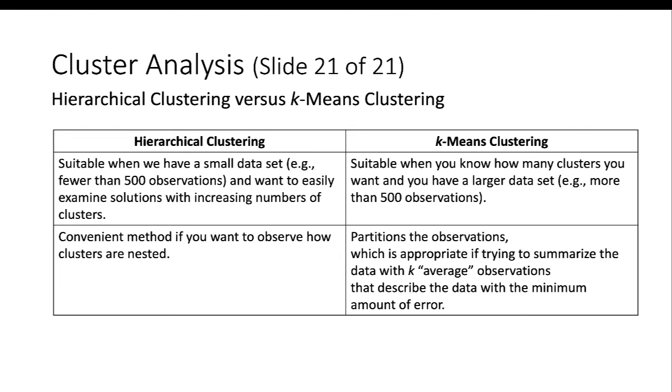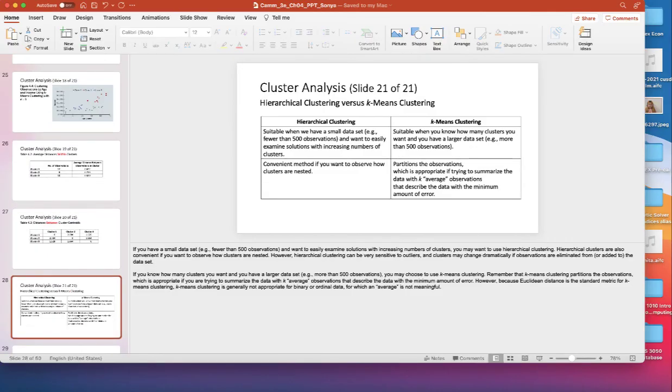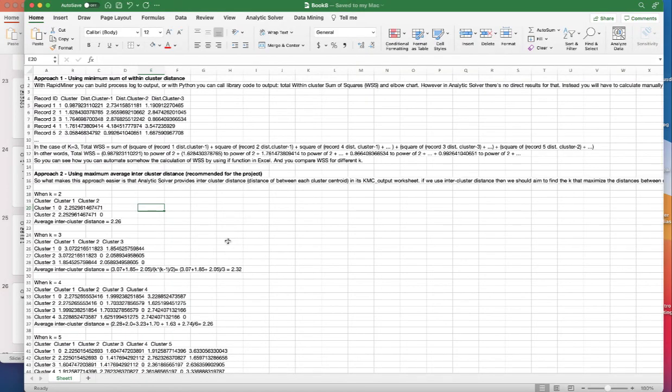Next, I will talk about how to find the best k using a couple of methods that you can calculate manually or using the results from Analytic Solver. I also covered that in my Analytic Solver demonstration video. There are two approaches to find the best k for k-means clustering.